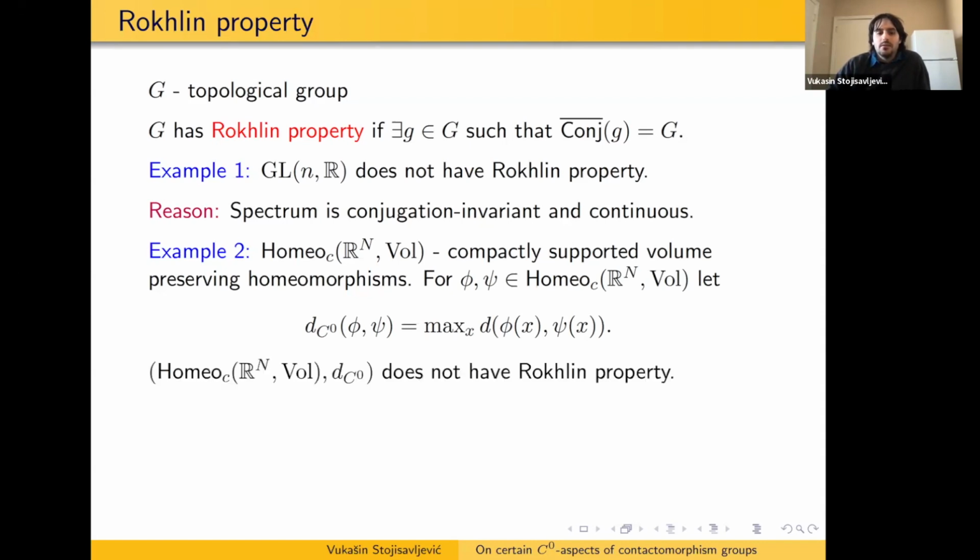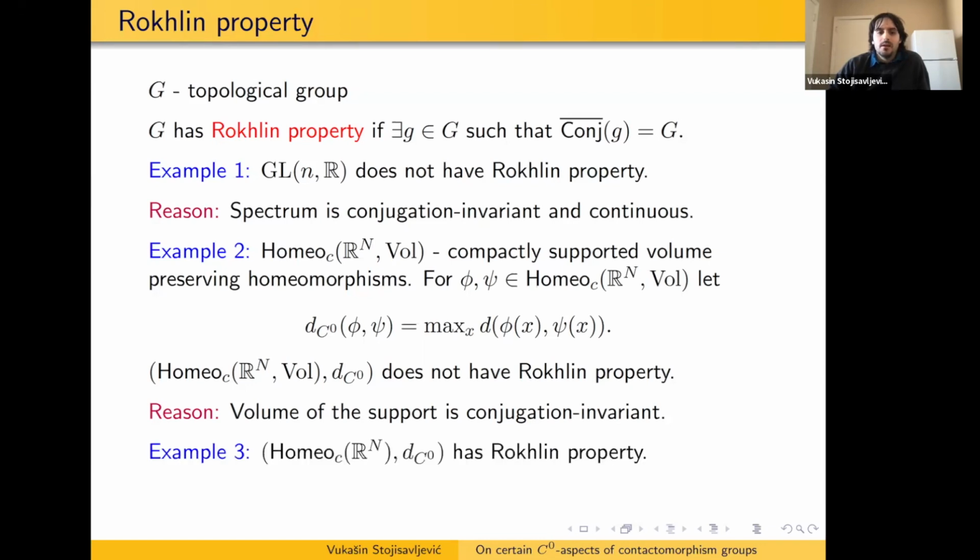And this group also does not have the Rokhlin property. The reason is simply that the volume of the support is conjugation invariant. When you realize this, if you think a little bit, you will also realize that it cannot have the Rokhlin property.